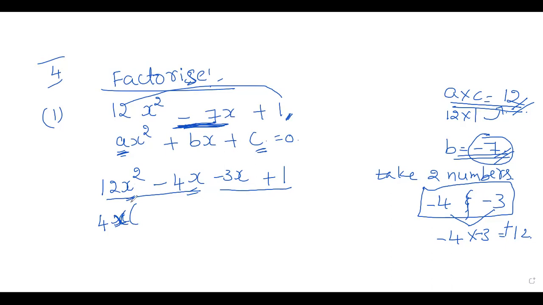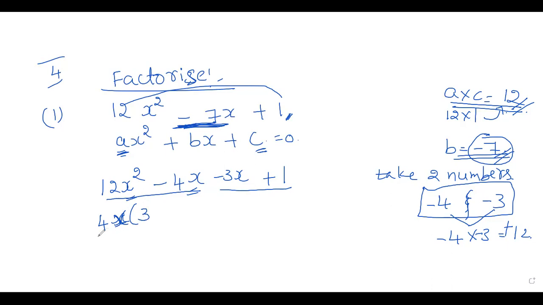Now after taking the common factor, what is remaining in the terms? In 12x square, what remains? 4x is gone as common. So what is the number here? 12, 4 3s. So 3 must be written.